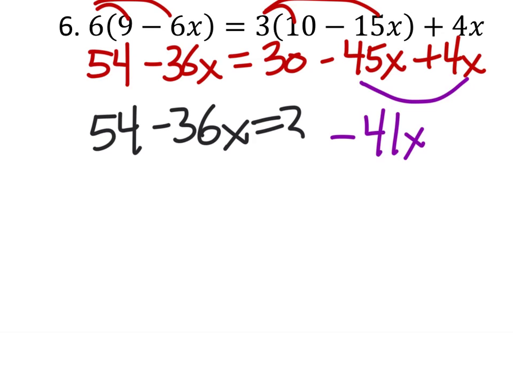So writing it out, we've got this. Okay? So there's nothing else to combine here, but what we can do is choose a side for x, and I'm going to go ahead and choose the left side for the x's and the right side for the numbers. So 54 is a number, but it's on the left side with the equal sign. We've got to move it. Let's subtract 54 from both sides.